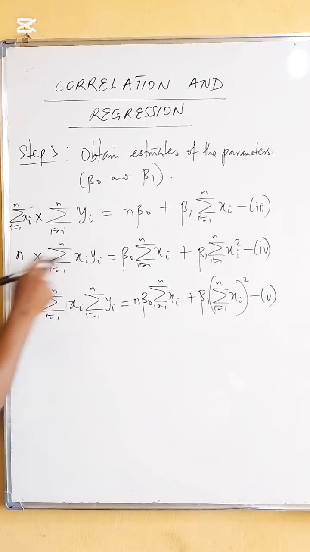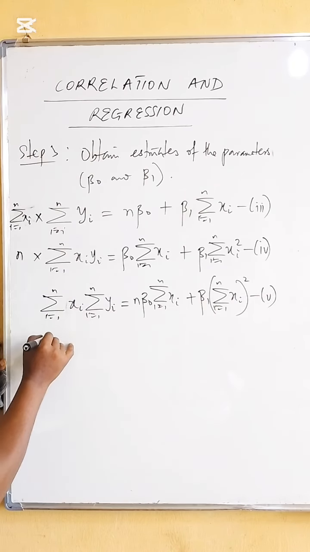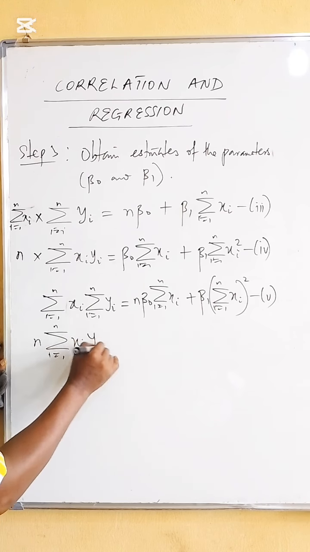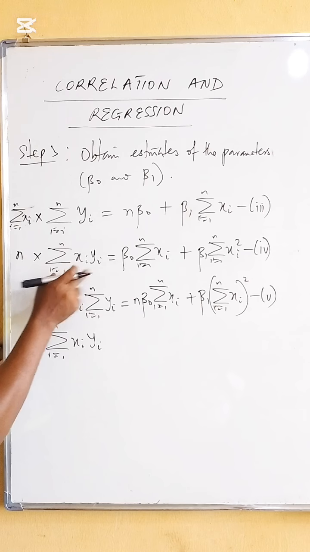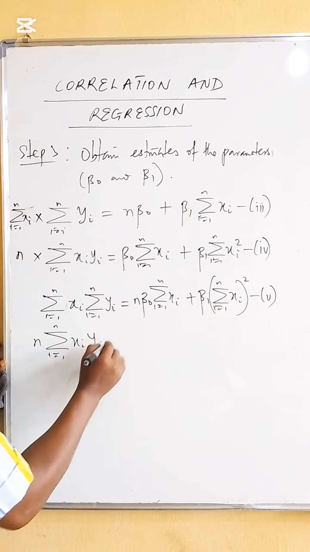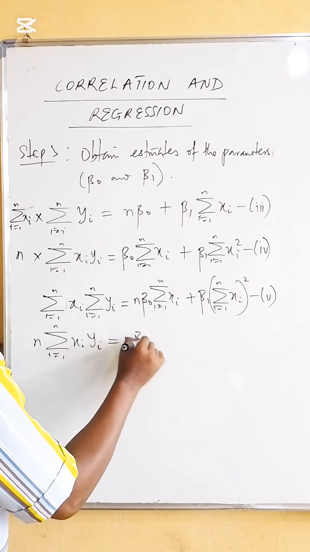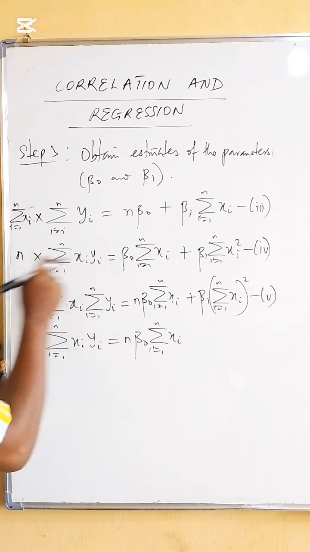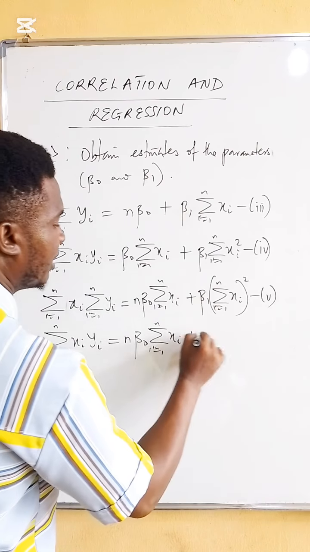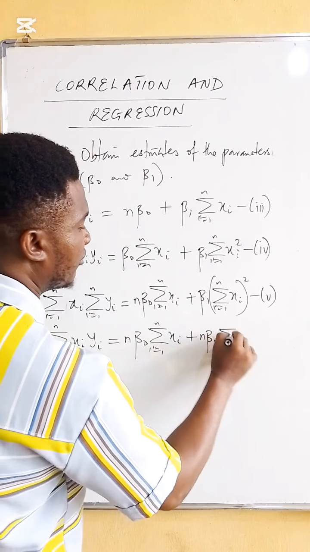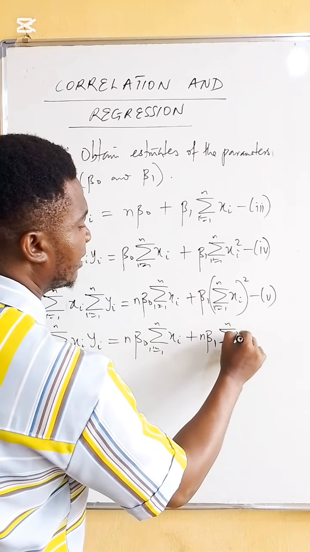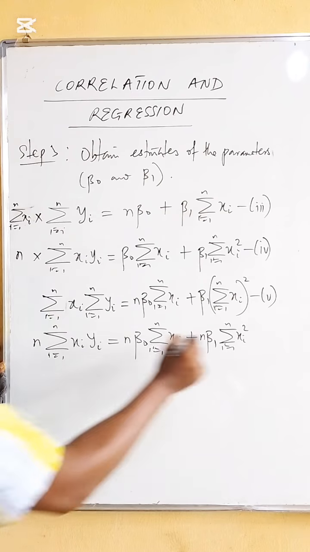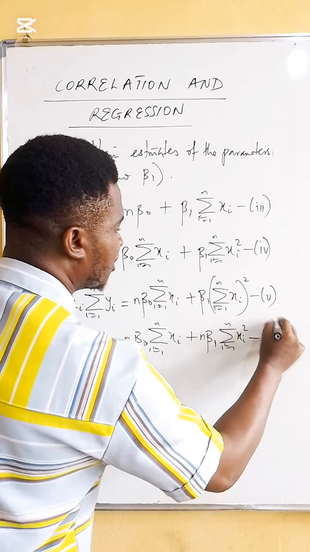Now, using n to multiply this gives us n summation from i equals 1 to n xi yi, equal to n beta 1 summation from i equals 1 to n xi all squared. And that is the result we're going to get. I'm going to call this equation 6.